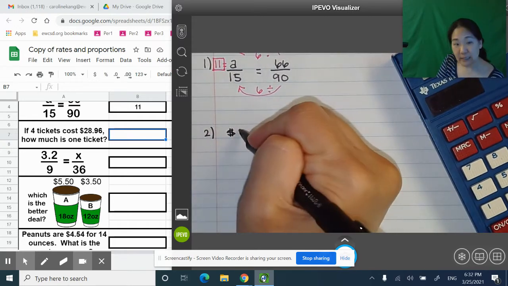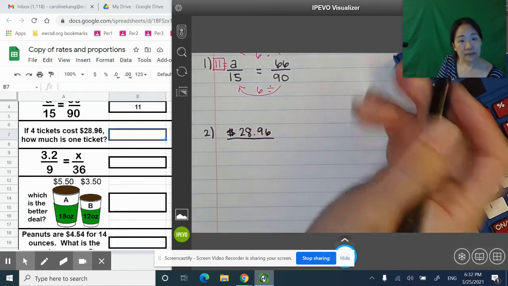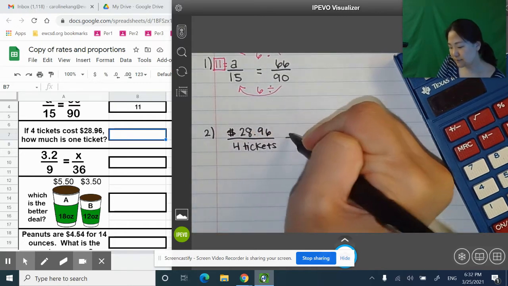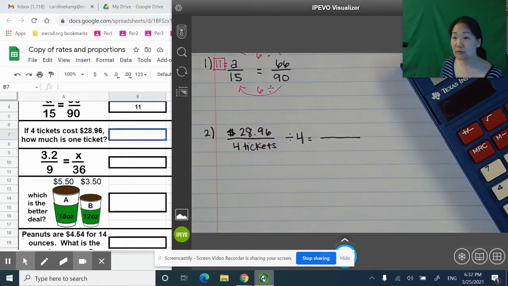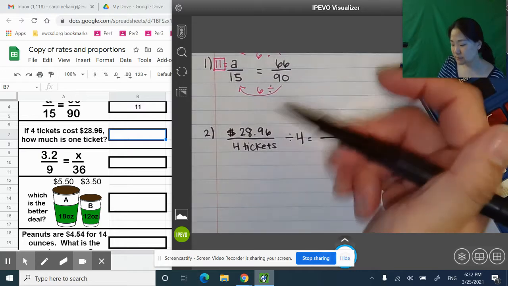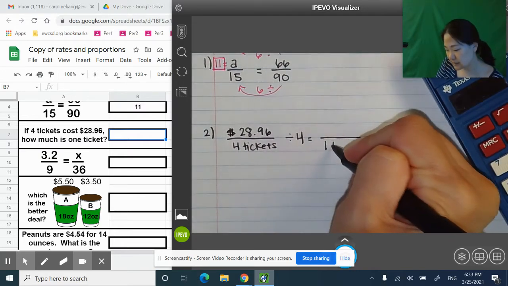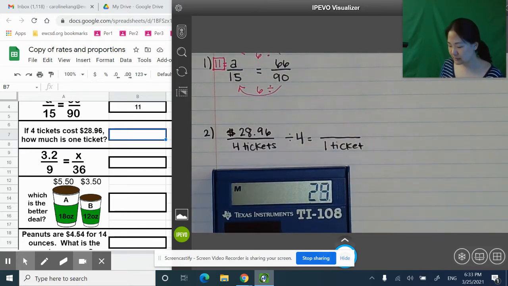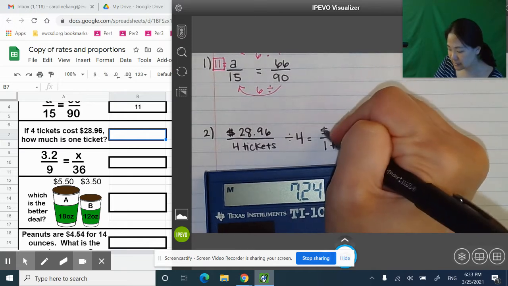So I'm going to put money on top, $28.96 on top, 4 tickets on the bottom, and you're going to divide by the denominator because it says how much is 1 ticket. 1 ticket means per ticket. 4 divided by 4 would give you 1 ticket, and you just need to do 28.96 divided by 4, and that's $7.24.